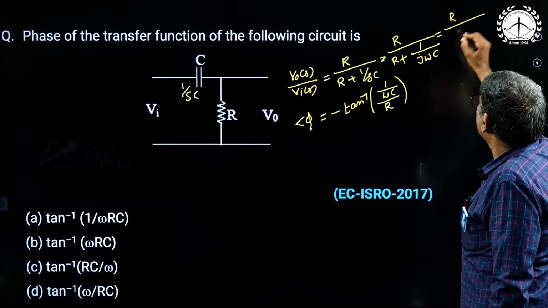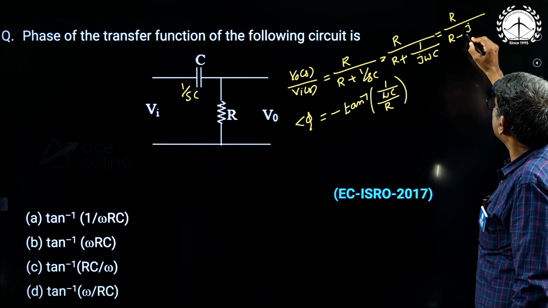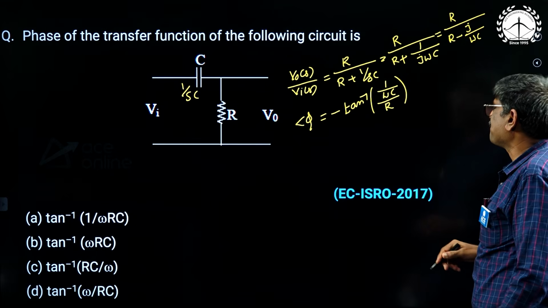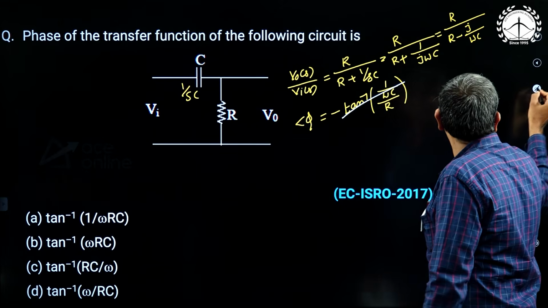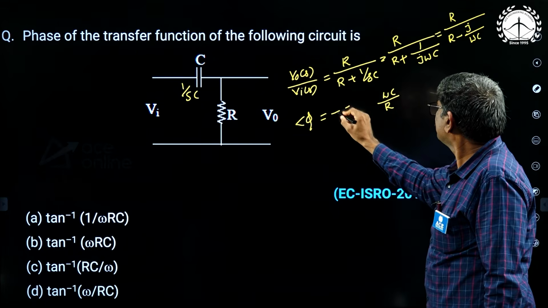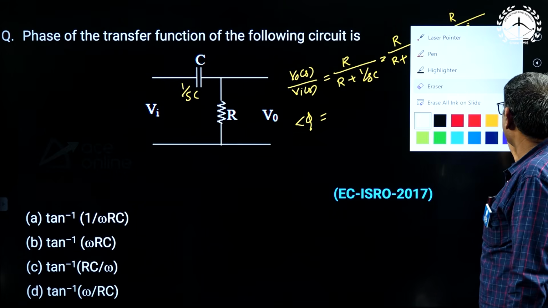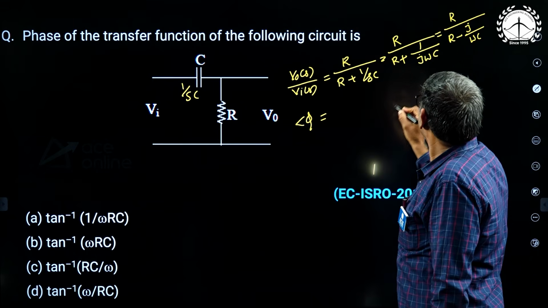R by R minus 1 by j, which becomes minus j, divided by omega C, because you have to write imaginary part by real part. Directly we cannot write. We can write in another way also, but based on the option, I will write the second method also.